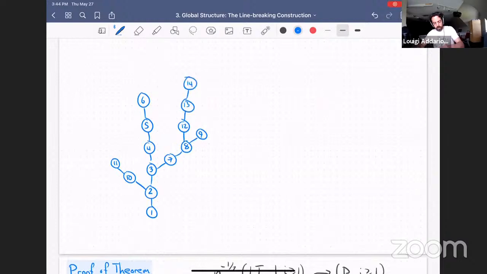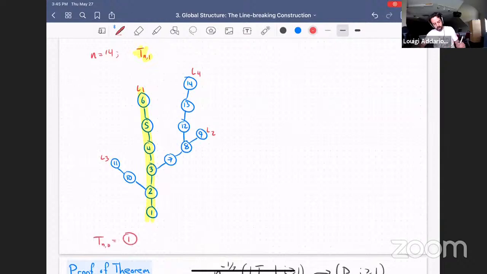In this tree, the leaves in order: this is the first leaf, this is the second leaf, this is the third leaf, this is the fourth leaf. In this example, n is 14. The tree I've just highlighted is Tn1, this first branch, and Tn0 would just be the root.